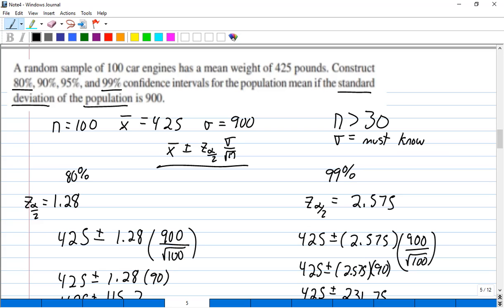Now, if we don't have that value, then we have a little bit of a problem. All right, we have an issue if we don't have some of those values.